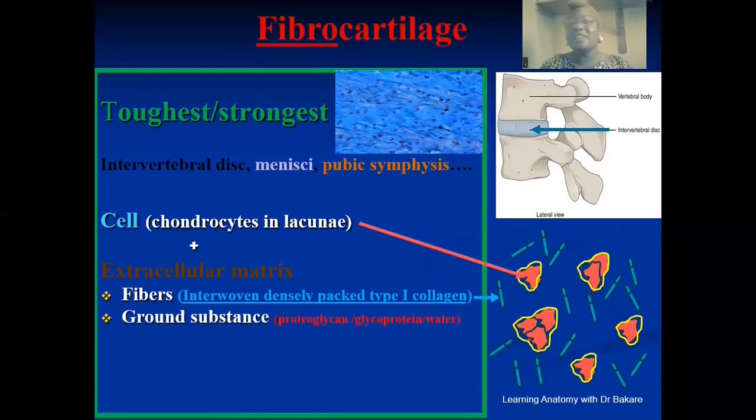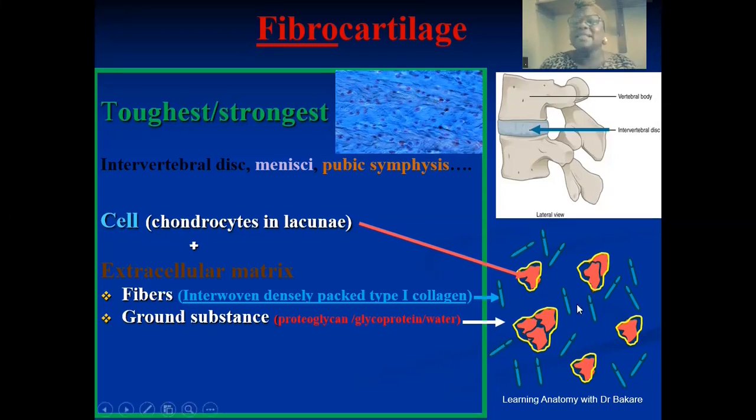Then you also have ground substance. The ground substance is made up of proteoglycans and also glycoproteins, and we have water deposits. And this is what is indicated here in white. So you have the ground substance also creating the background onto which this densely interwoven type 1 collagen fiber is embedded, and also the cells.